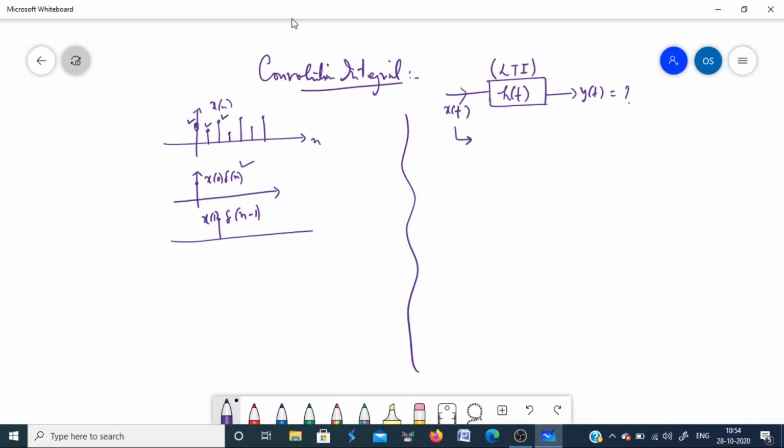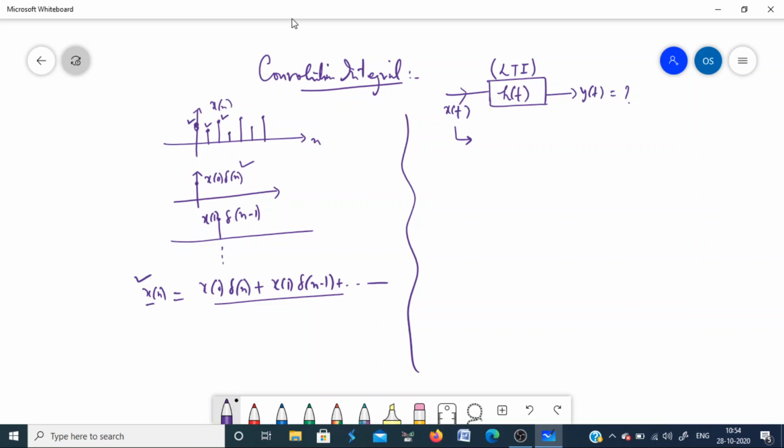When we added them together, we got x[0] delta[n] plus x[1] delta[n minus 1] plus so on. This is an alternate representation of the same signal in terms of weighted unit impulses.